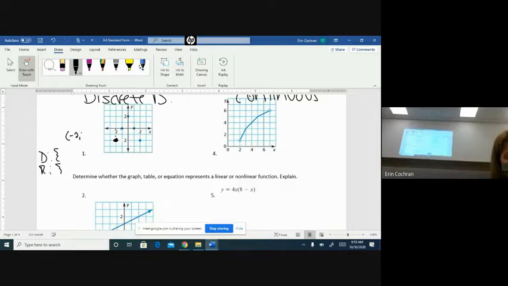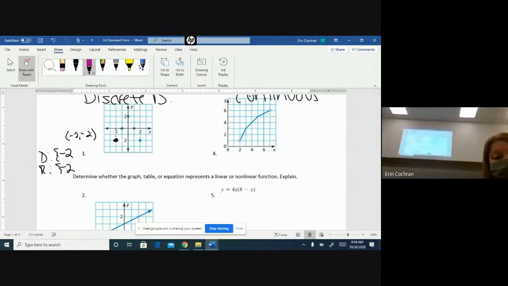Is that different on mine than yours? I have down -2. You have down -2? Okay. I'm just making sure they're the same. So our coordinate for that is -2, -2. So my domain for that coordinate would be -2, and my range would be -2.